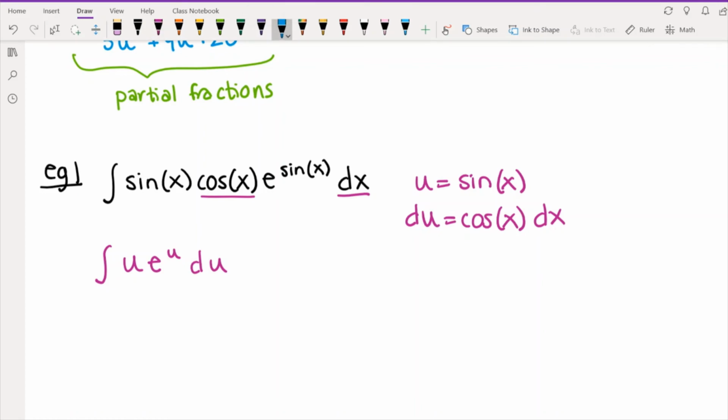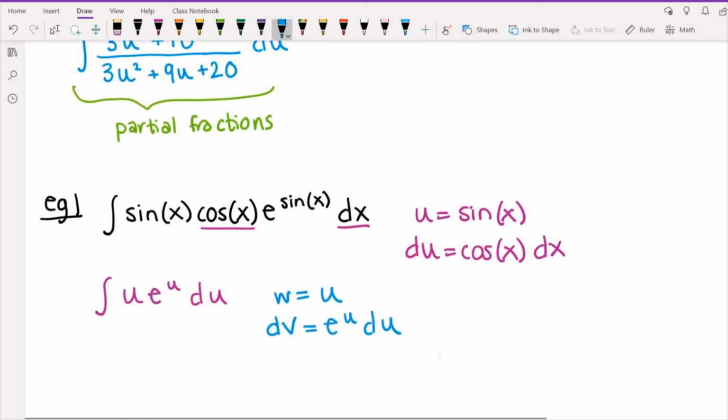So now we would need to use new letters. Maybe we can call them w and v instead of u and v. So you would let w equal u, and you would let dv equal e to the u du, and go from there.